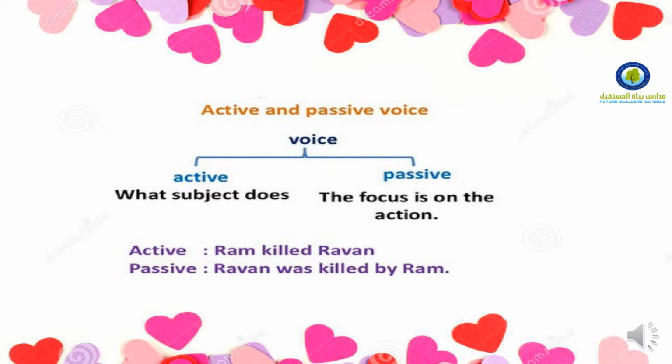If it is past simple, as you can see, verb 2, you should add was or were with verb 3 from the verb itself. So Raven is singular. We add was, then verb 3 from killed, which is killed, and at the end we put by plus the subject, we call it agent, نائب الفاعل, who did the action.